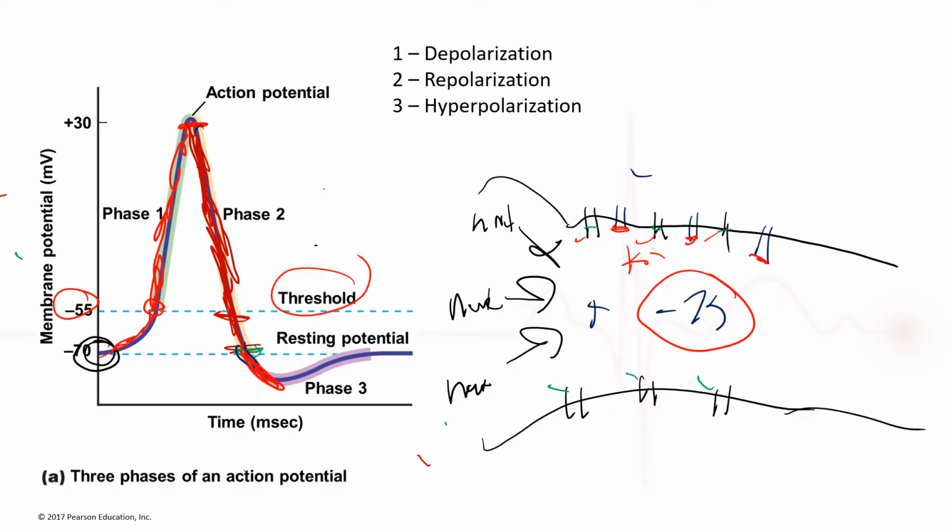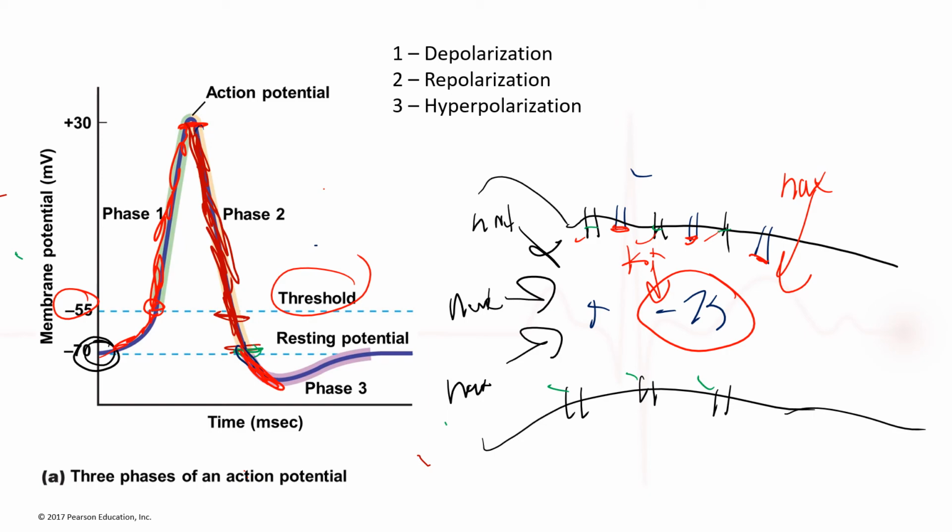So potassium is actually being pulled back at a greater rate, and sodium is being pulled into the cell at a greater rate. When the interior is at negative 75 millivolts, you have such a strong negative electrical driving force that potassium is being pulled back significantly and sodium is being pulled in significantly, greater than at the resting membrane potential.